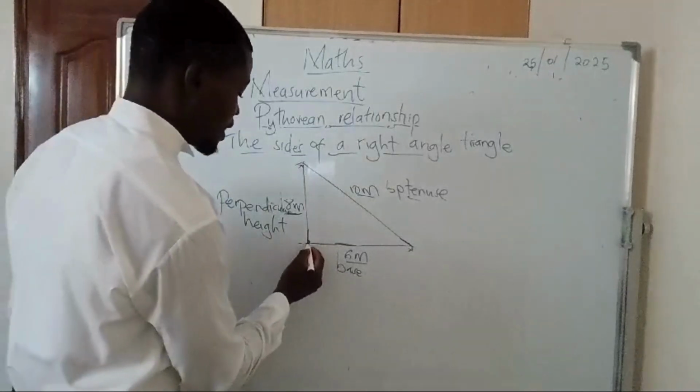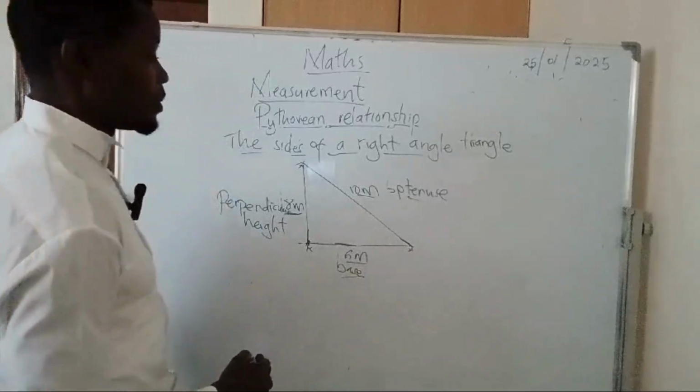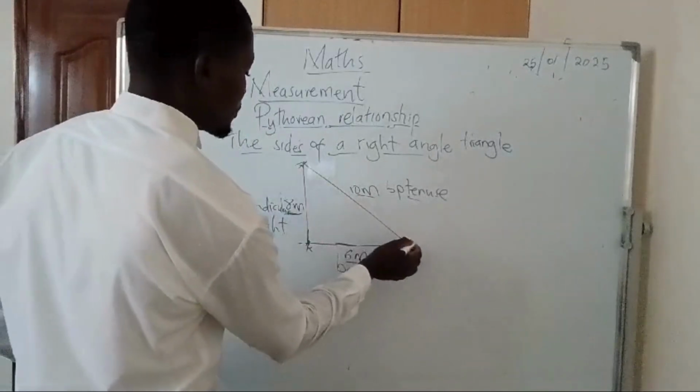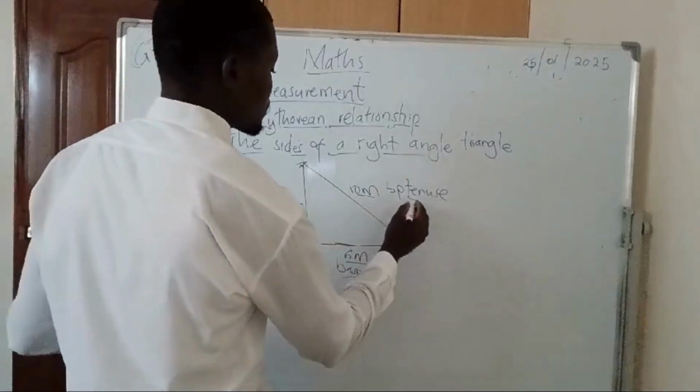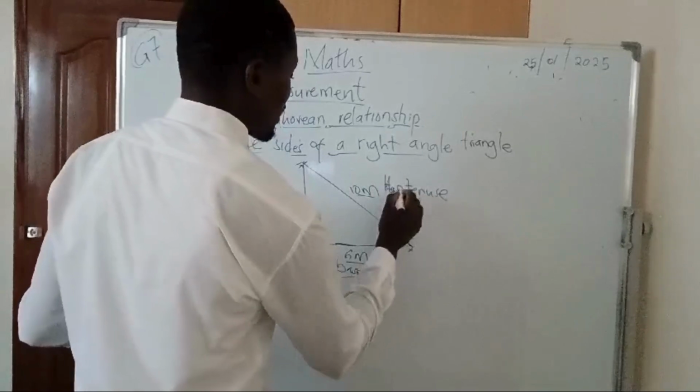Then from this side to this side is the base. Then from this end to this end, which is 10 meters, is what we call the hypotenuse.